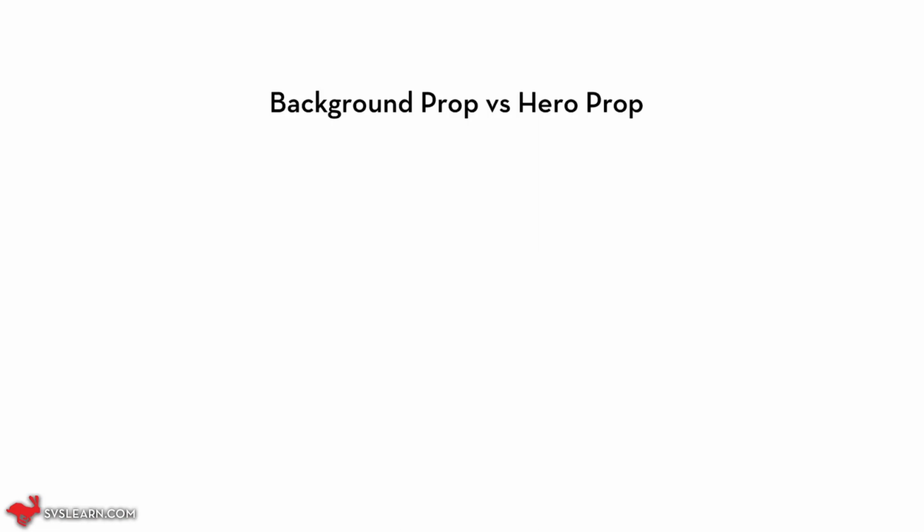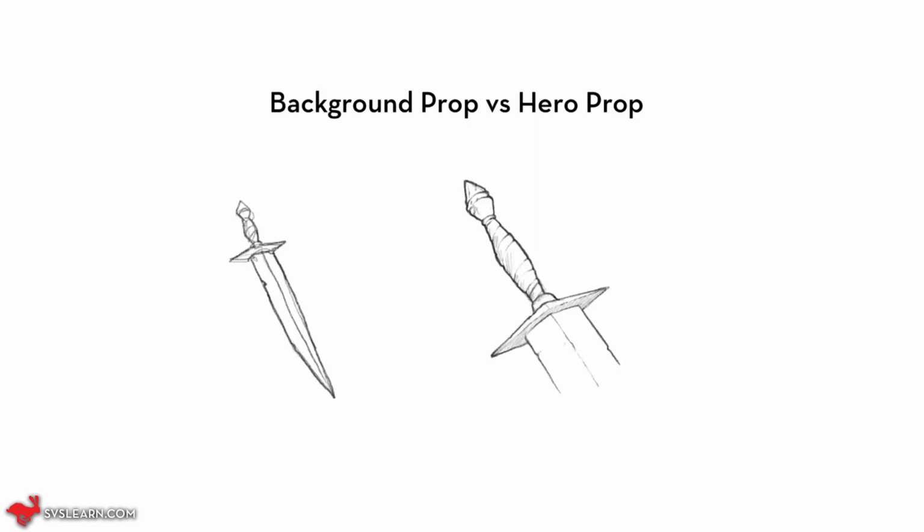And if it's something the character interacts with, it's going to need more detail. You're going to need to understand how it works, what it does to work it. And so here I have two examples. I have a sword designed to be a background prop and a sword designed to be a hero prop.